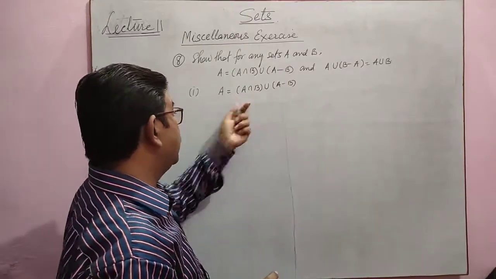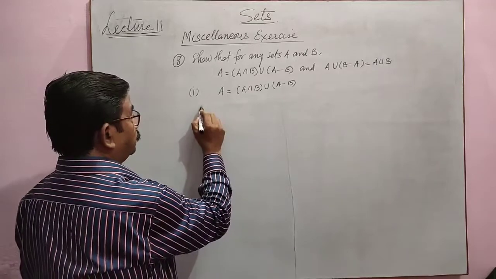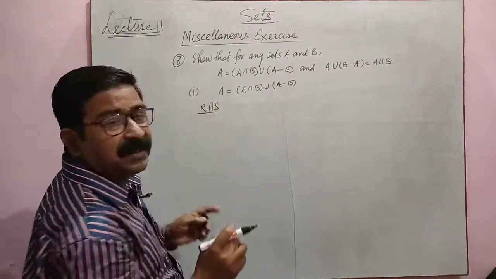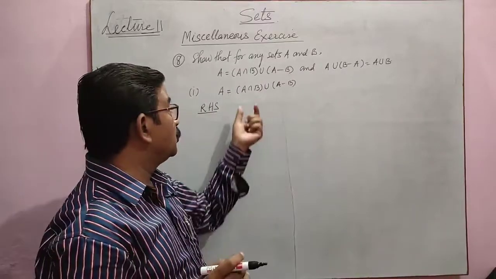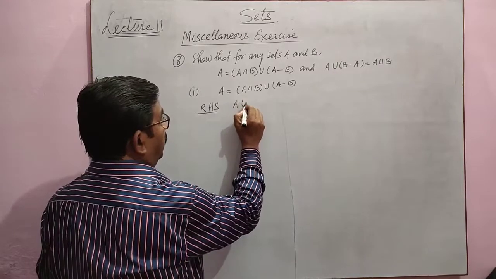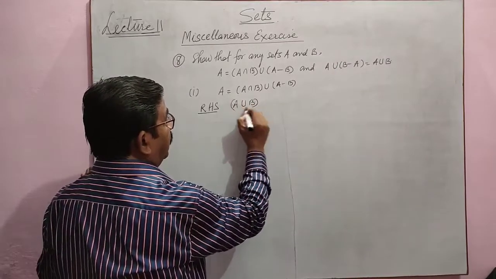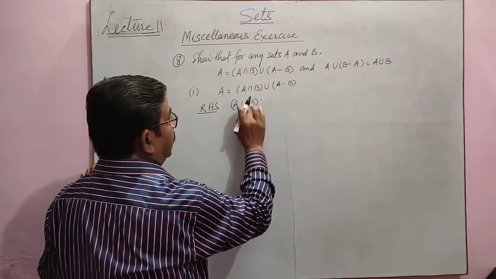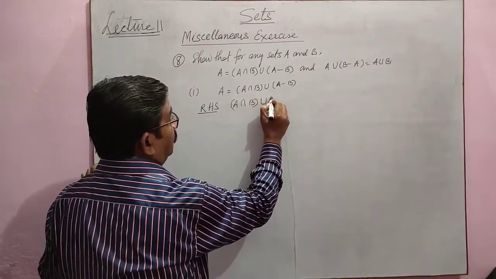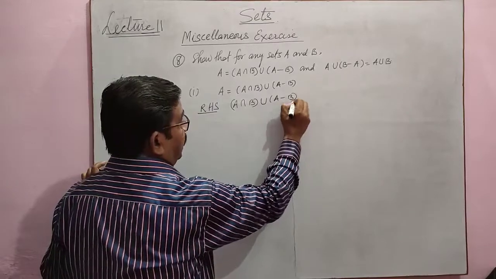Take right hand side. Because A is single in left hand side, you can't do anything. So this much is enough to do. So A intersection B union A minus B.